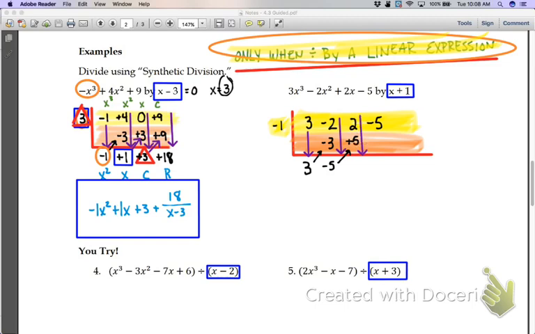Straight down, 2 plus 5, excuse me, is 7. 7 times negative 1. Oh, positive 7, not negative 7.